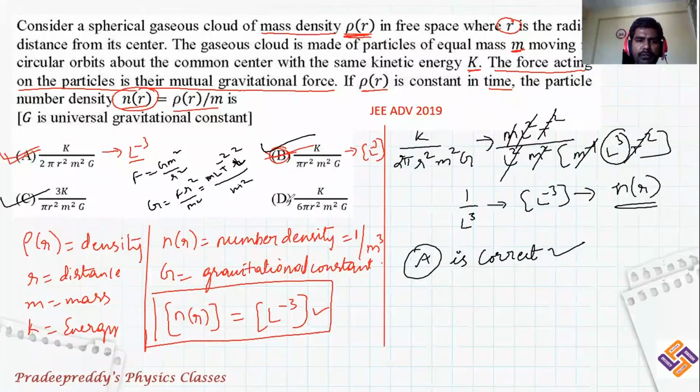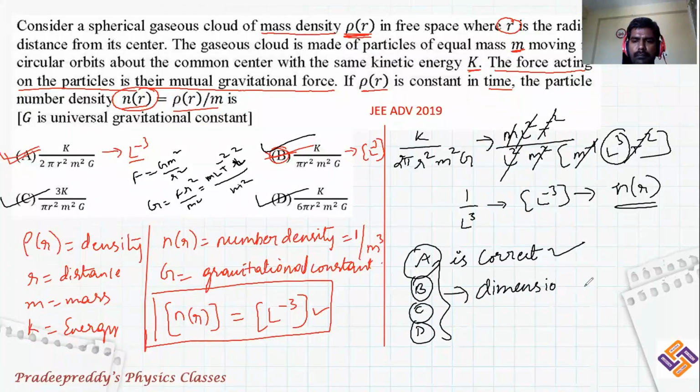Next, option D, K divided by 6 pi r square m square G, has all the same physical quantities as A, so option D is also correct. So all the equations A, B, C, and D are dimensionally correct.